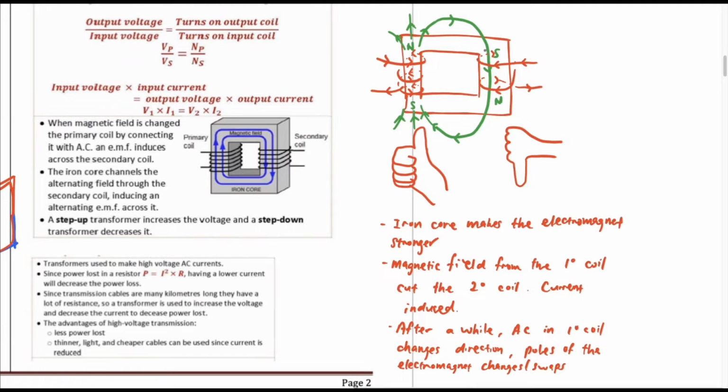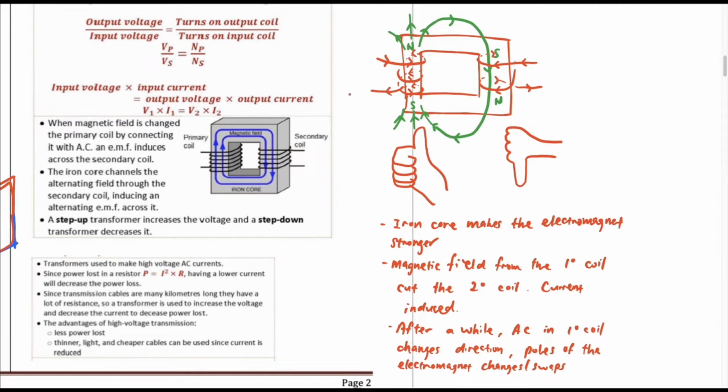The secondary coil is induced with current. That is the main thing. They are not connected, by the way. Okay, so are they connected by the extended wire from the primary coil? The extended wire from the primary coil just turns this way and then goes away.